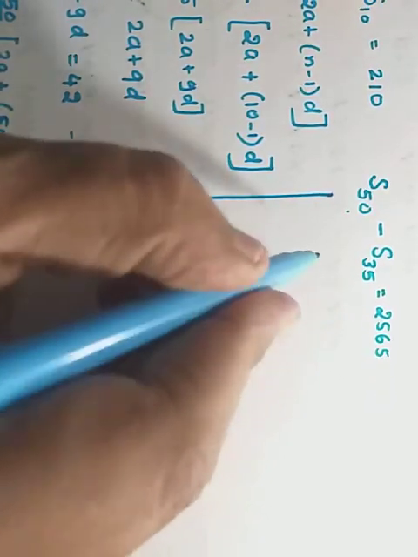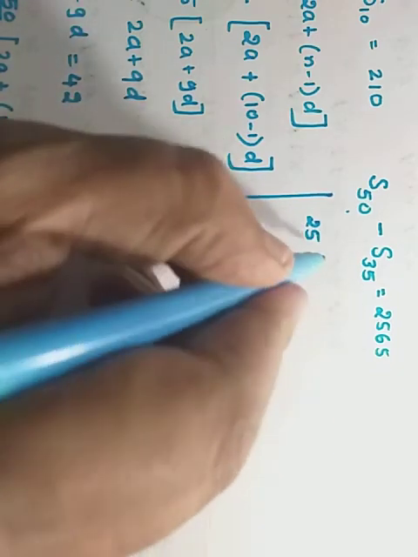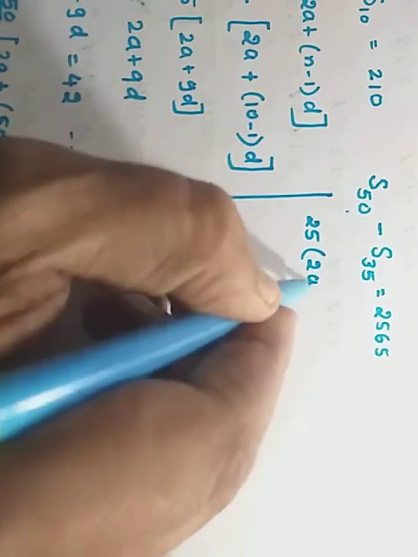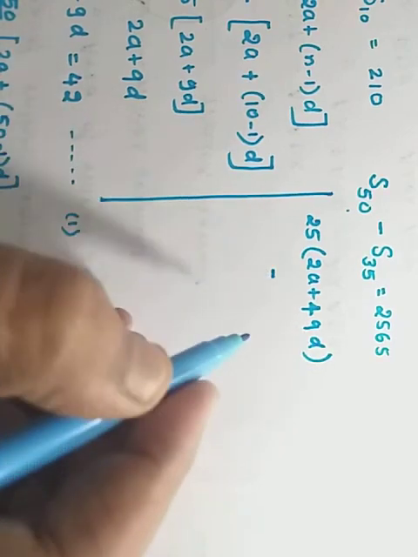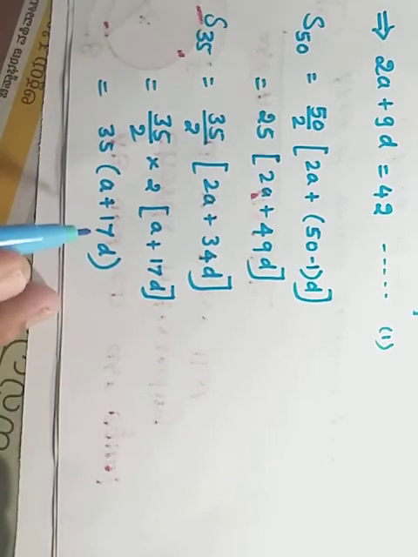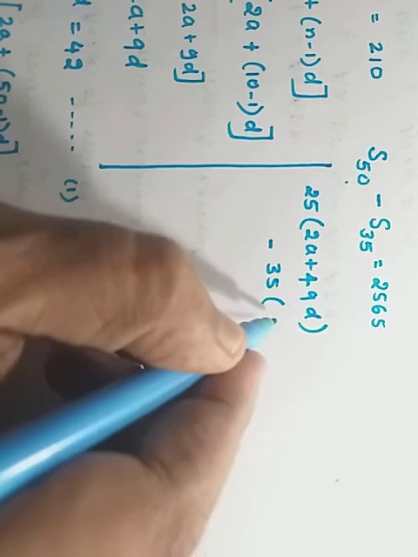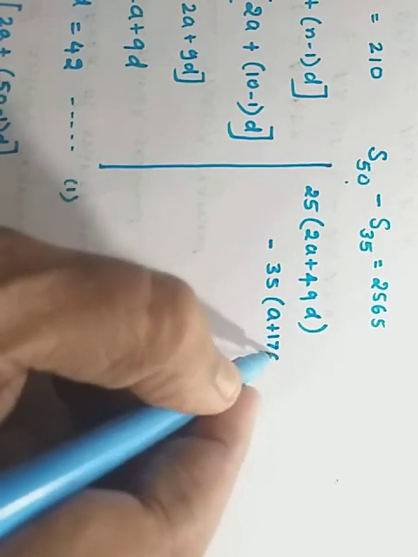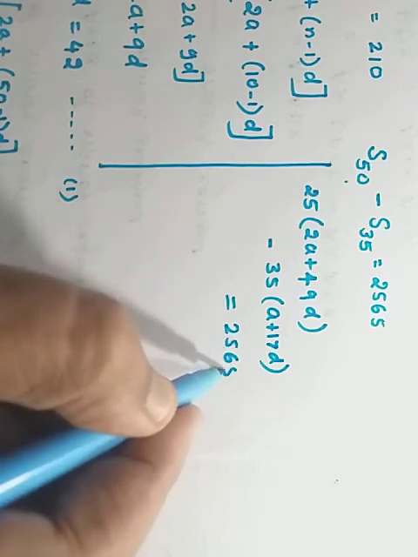S50 is 25 into 2a plus 49d, minus S35, whose value is 35 into a plus 17d, that is equal to 2565.